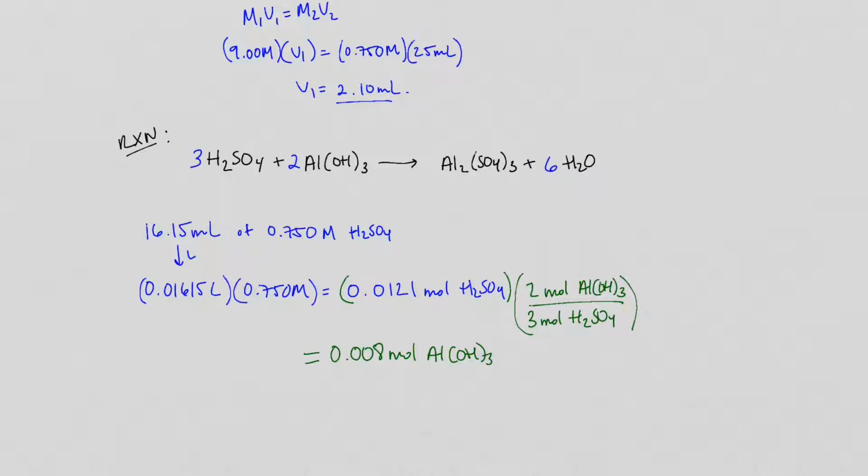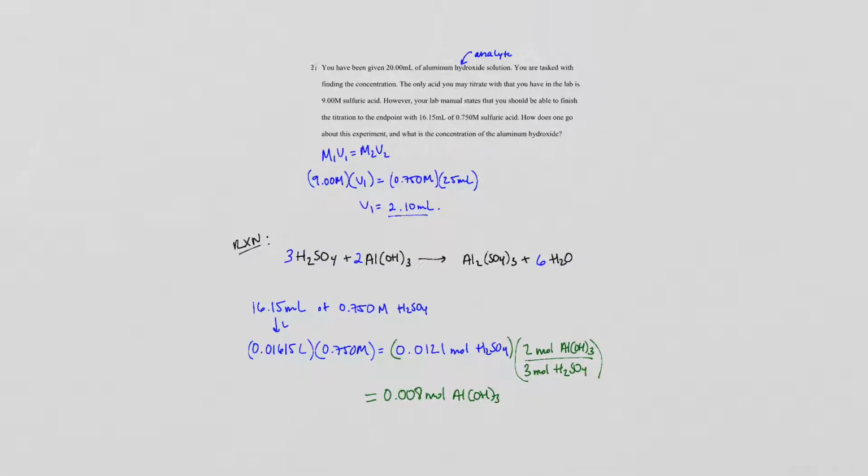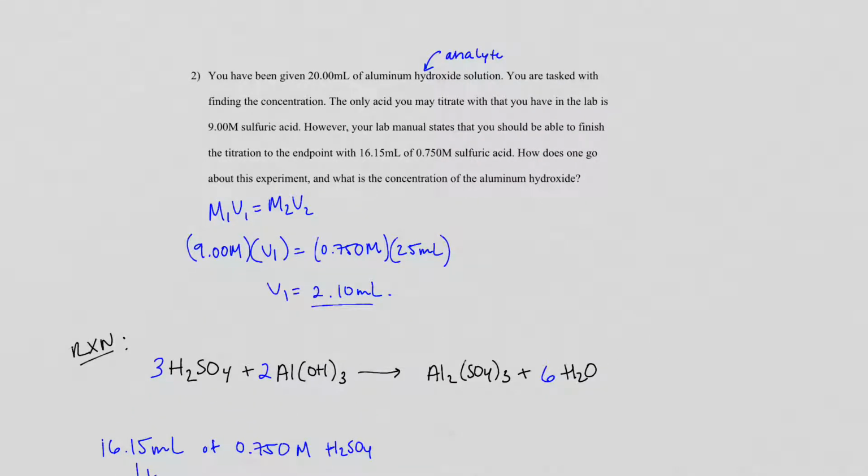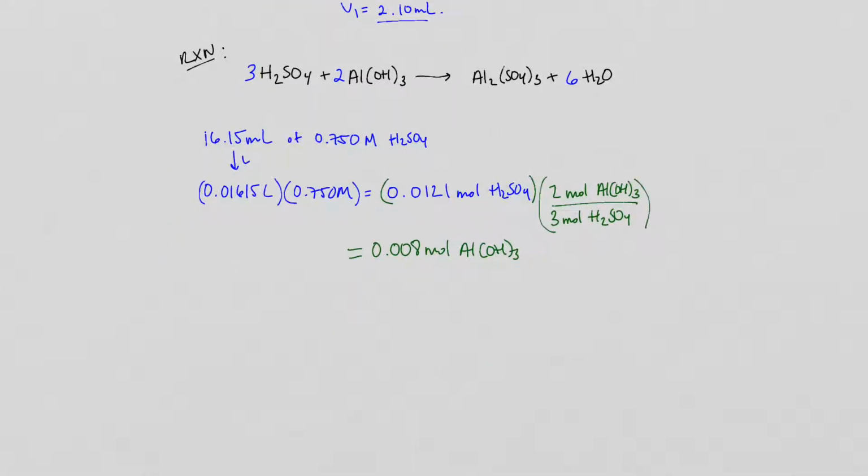Okay? Now I can find the concentration. Remember that we started with 20 mils, so 0.02 liters. So our molarity equals number of moles over volume. So we can go 0.008 moles of aluminum hydroxide divided by the 0.020 liters of aluminum hydroxide.